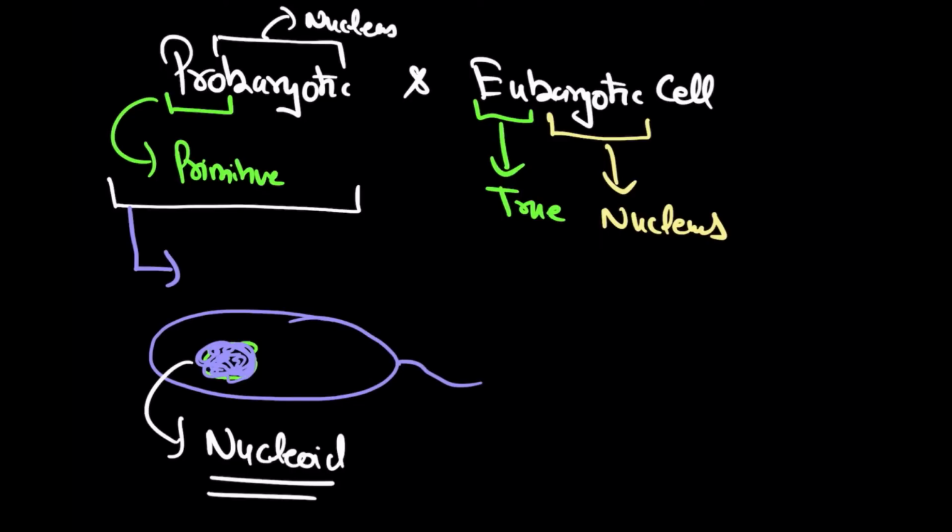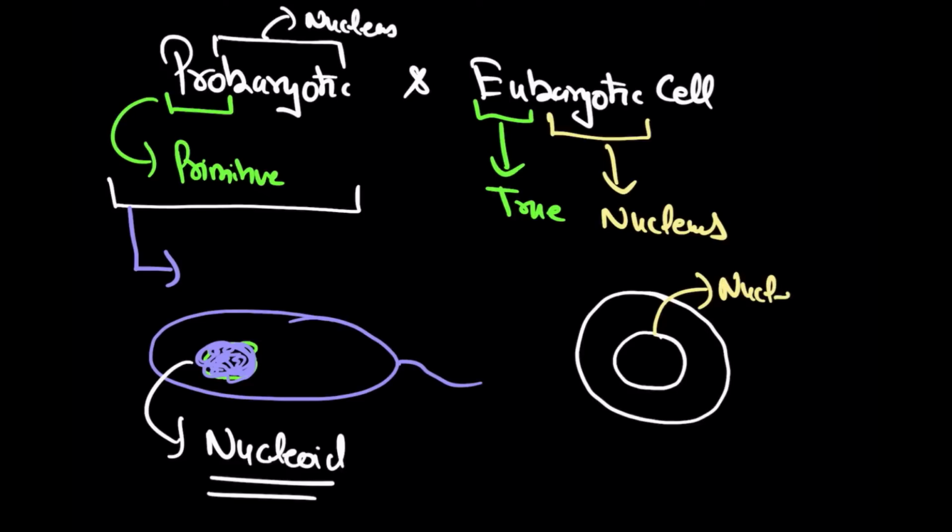Now if you see in the case of eukaryotic cell, you are going to see a membrane bound nucleus. True nucleus is present within the eukaryotic cell. Around the nucleus you are going to have nuclear membrane, or you can say nuclear envelope.